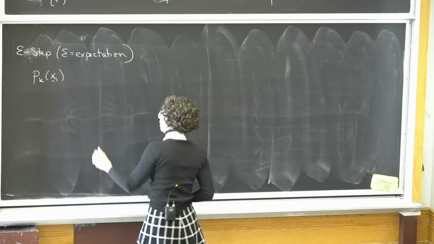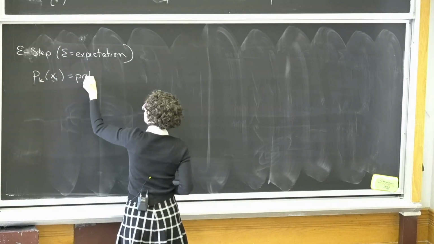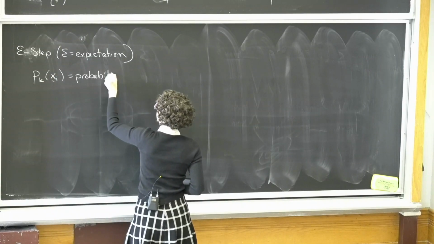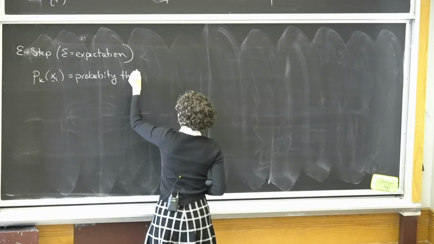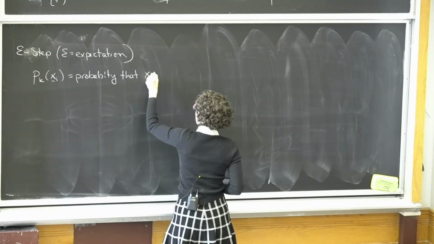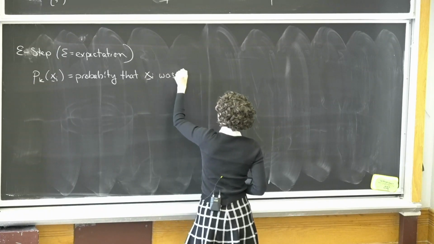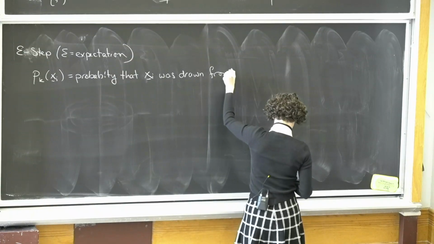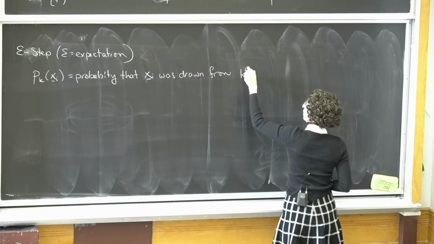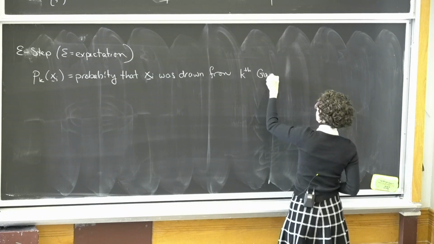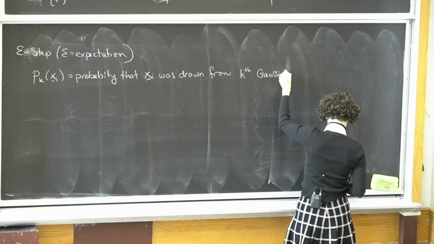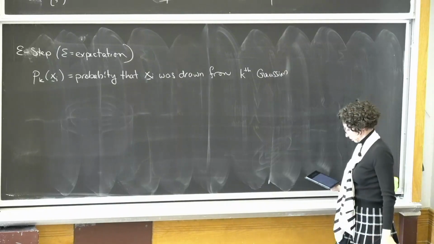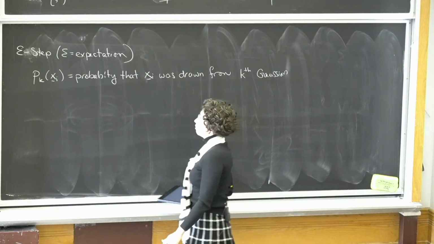And this is going to be the probability that xi was drawn from the kth Gaussian.